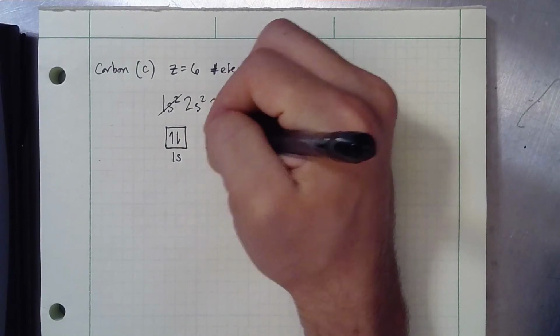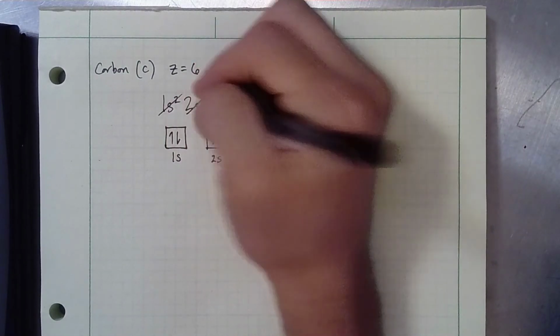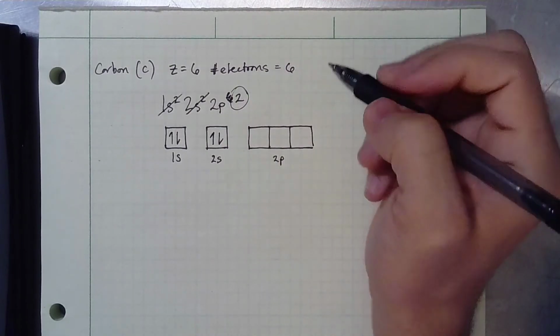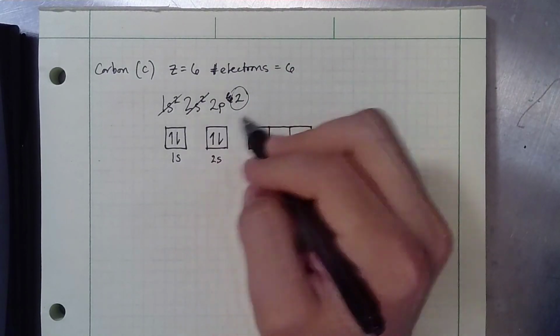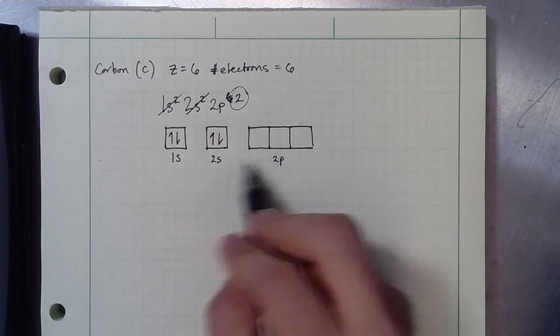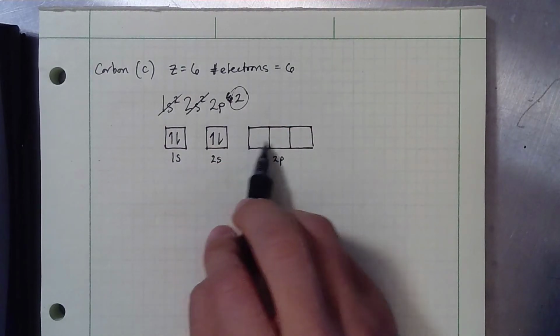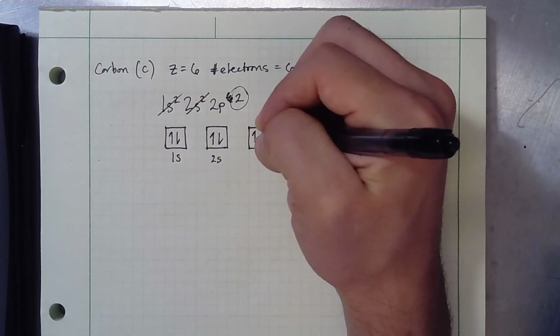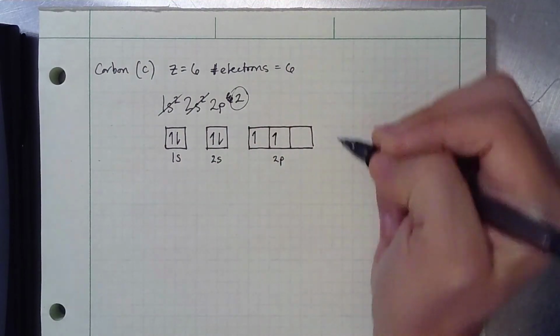Then I get my third and my fourth electron in the 2s orbital. Okay, so now we're at 4. 2 more electrons to go. Based on our standard notation electron configuration, they're both going to be in the 2p orbital, but we've got different positions here. Okay, so what I could do is this, right?